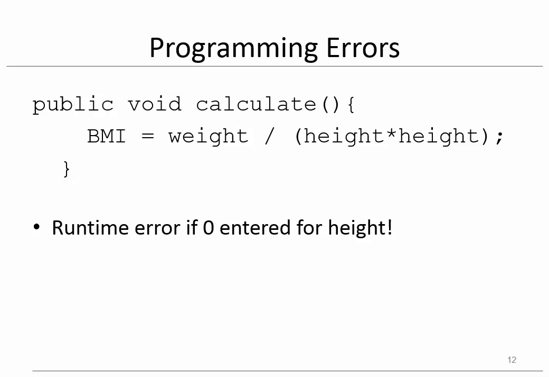Imagine that during runtime, somebody enters a value 0 for height, and this is not appropriately checked by the program, then you will end up with a division by 0. As you will remember from your course in mathematics, we cannot divide by 0, so a runtime error will be generated. Again, a runtime error is an error which typically occurs during the execution, during the running of your program.